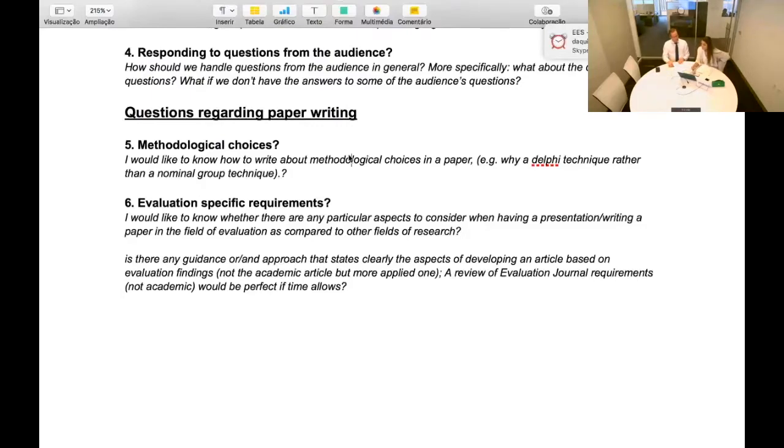Yeah. So let me make another point here. This is more related to a conference like the American Evaluation Association conference or the European Evaluation Society conference or any other national evaluation society conference. What distinguishes those conferences from academic conferences is that in evaluation conferences, people come together not to talk about findings.